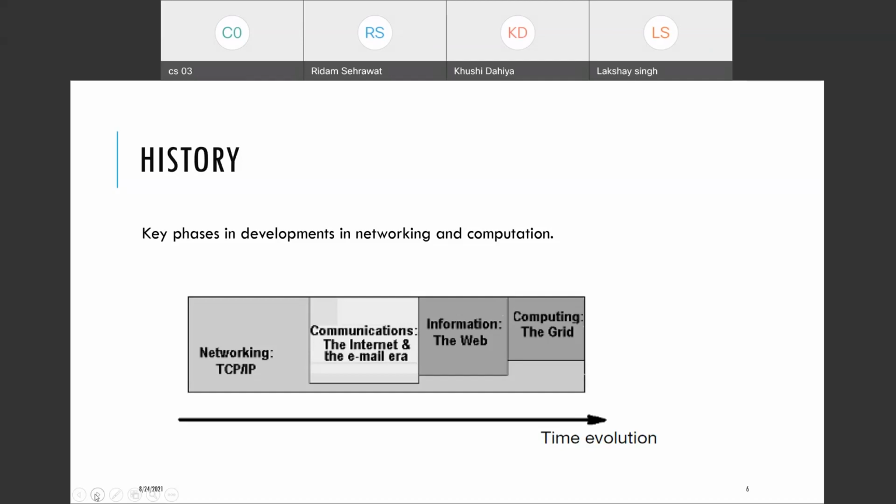Are these four phases clear to you? The first is the networking phase, then the communication time, then information, and finally computing. Please see the slide carefully. If you have any doubt, you can tell me.